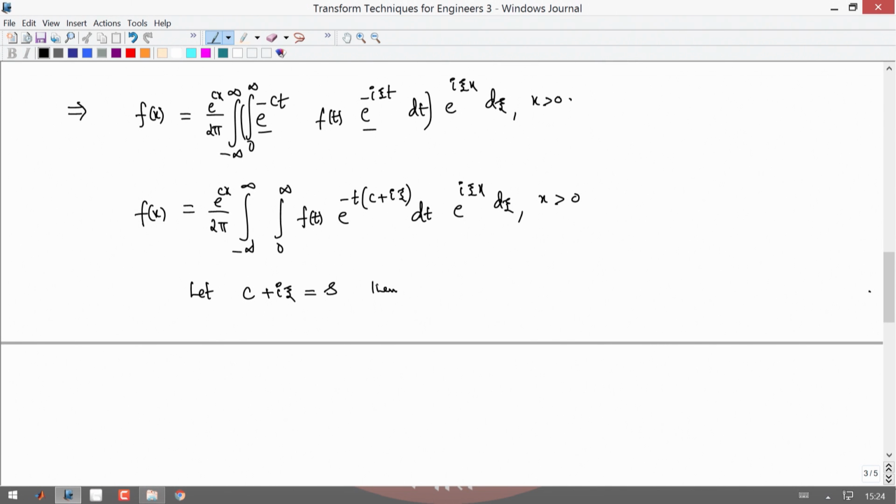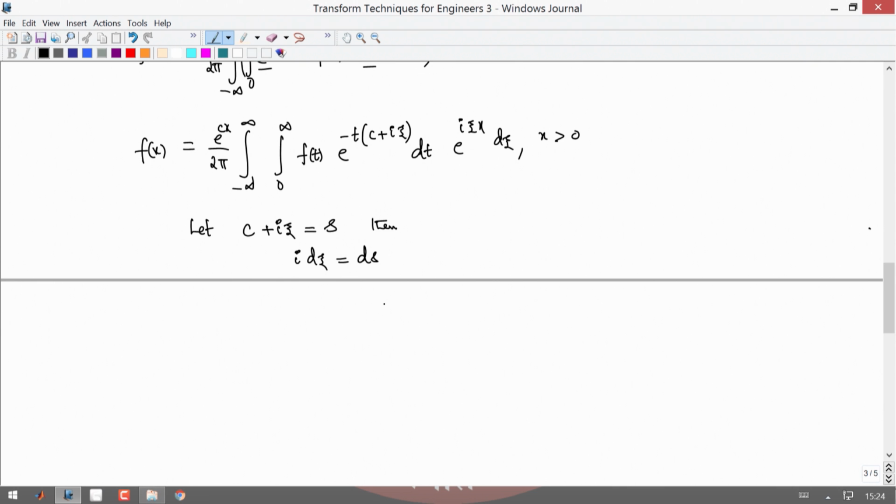Then d xi, i d xi will be ds. So, what happens to f(x)?